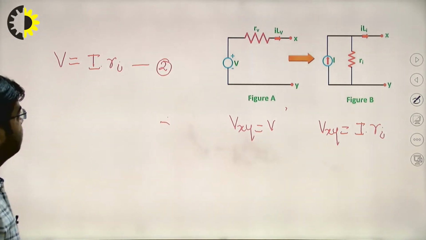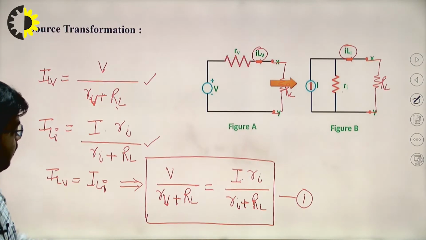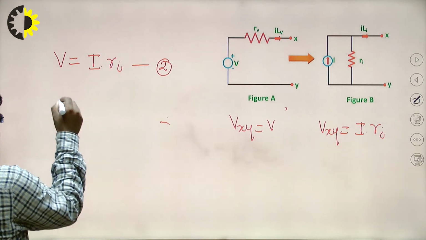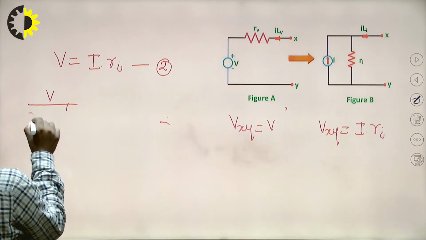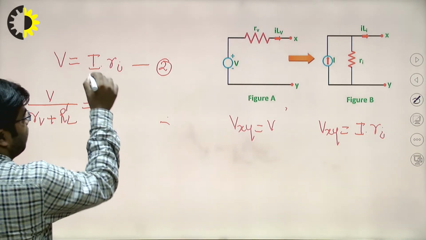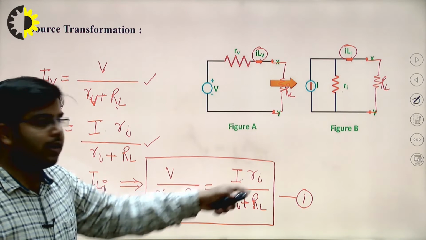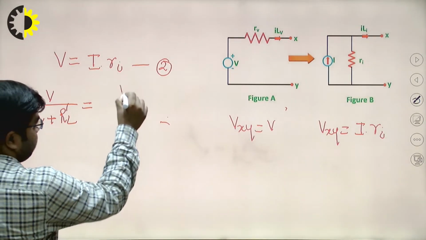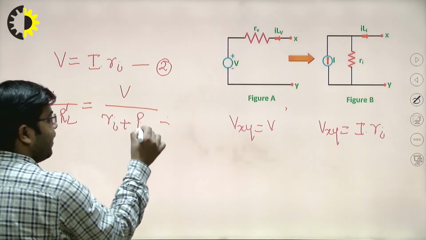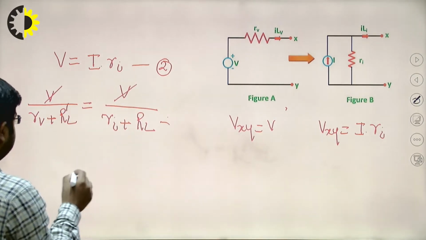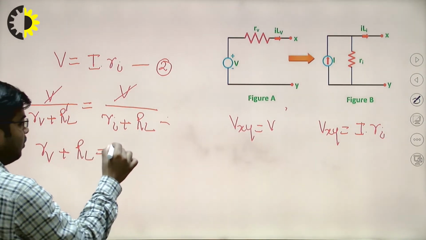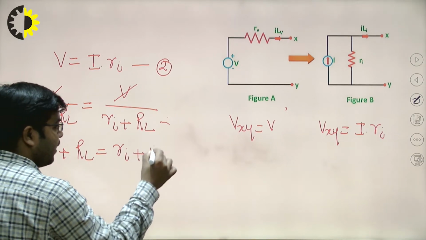Now put this equation 2 value in equation 1. Okay. So you can write V divided by Rv plus RL, which is equal to, so at the place of I into Ri you can put V divided by Ri plus RL. So this will cancel out. So you can write Rv plus RL, which is equal to Ri plus capital RL.